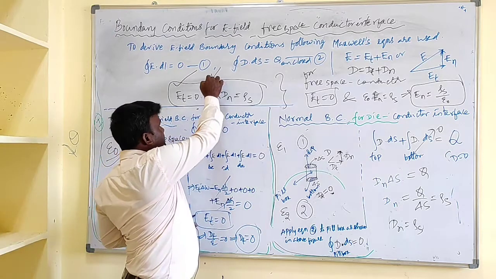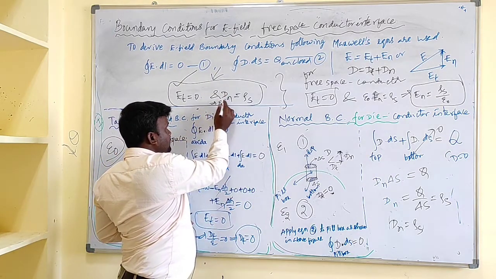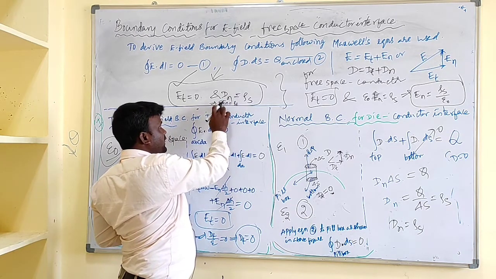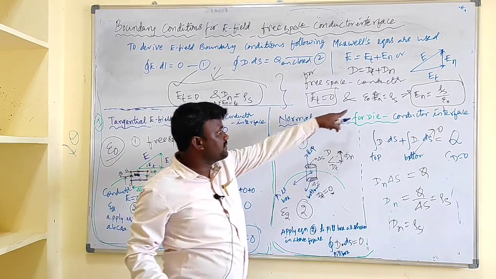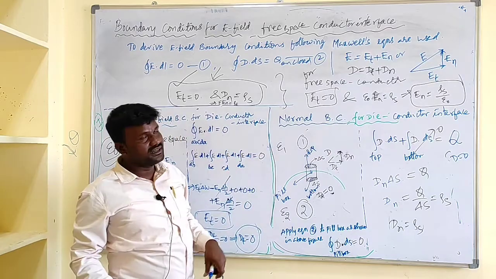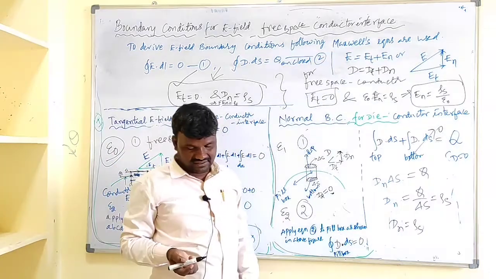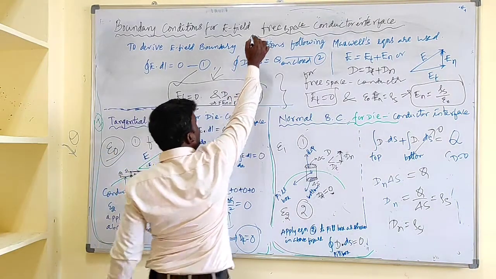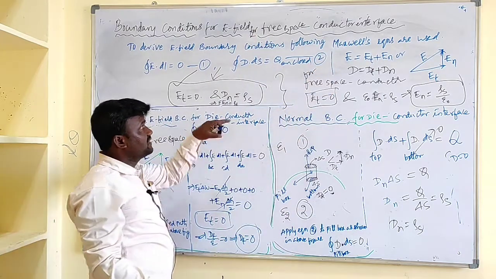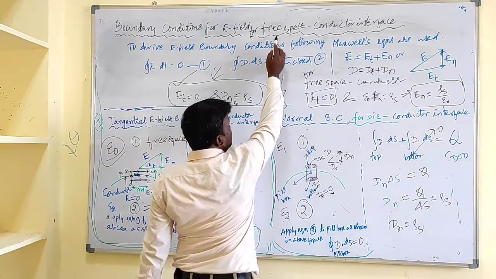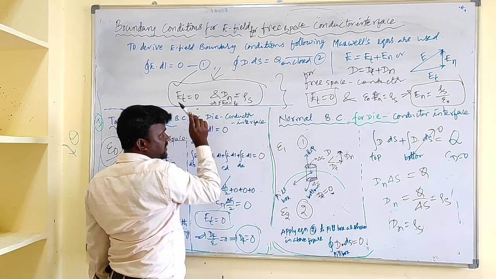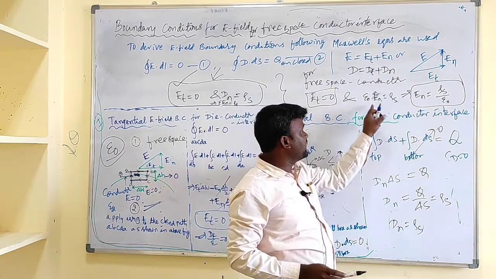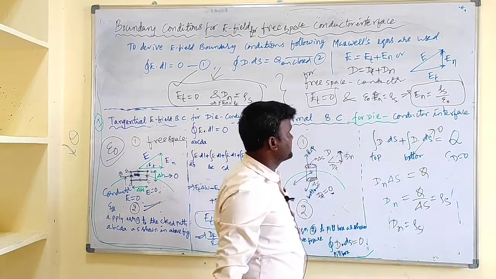For the dielectric conductor interface, Dn can be written as epsilon into En equal to rho s, whereas for free space, epsilon is replaced with epsilon naught into En equal to rho s. That is the difference.